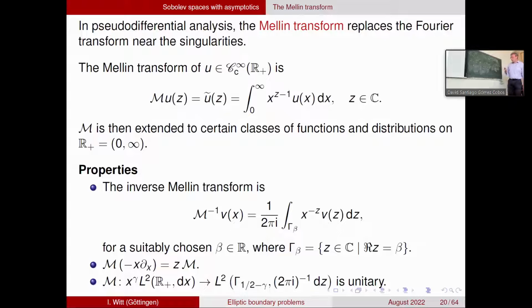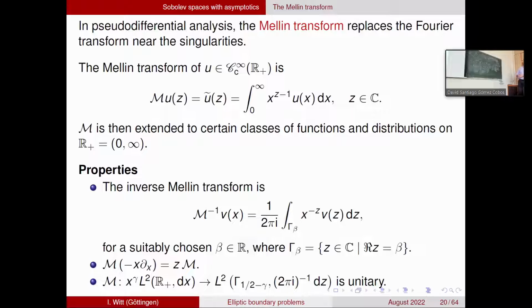So here you see how it is defined. Here you have x to the z, and then the minus 1 means the invariant measure is dx over x. If you have complex support, you get it for all complex z. It is then extended to certain classes of functions and distributions. What we are going to need is the inverse Mellin transform, which is given by that.